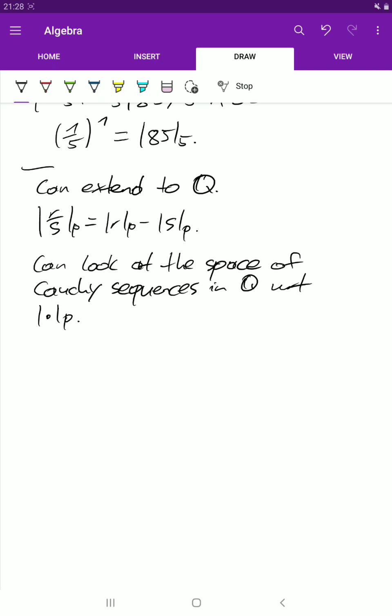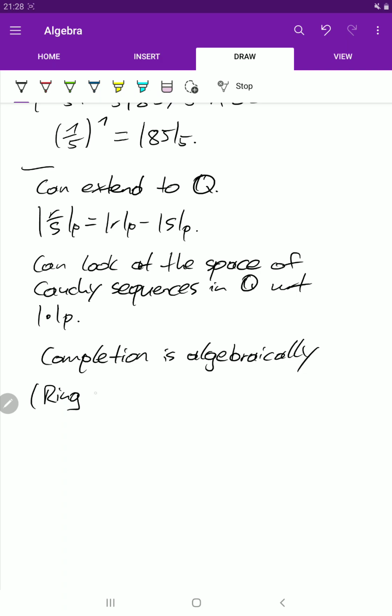Algebraically, completion is just the following. We take the ring of Cauchy sequences, so we can check easily that this is a ring.